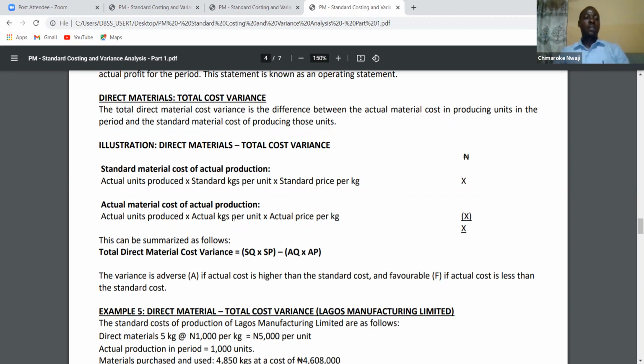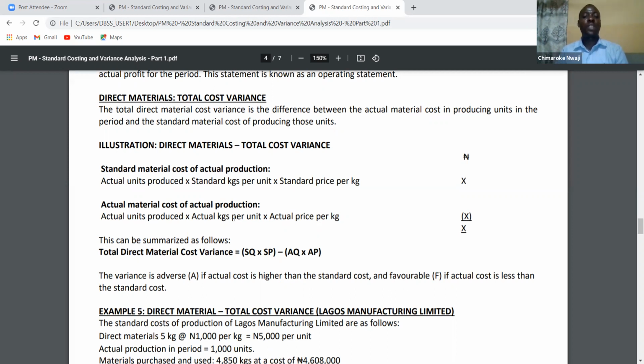Now we can summarize this way by saying, using the formula method, we have total direct cost variance is SQ, that is standard quantity, multiplied by standard price. Meanwhile, this standard quantity is standard quantity for actual production.